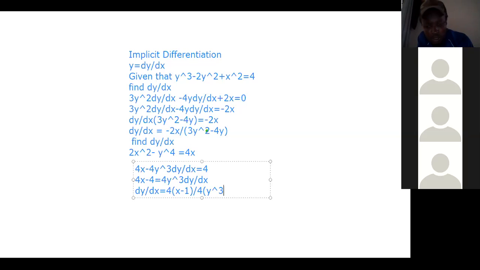So 4 will divide 4, and 4 will cancel. So we are going to get dy/dx equals x minus 1 over y raised to the power 3.